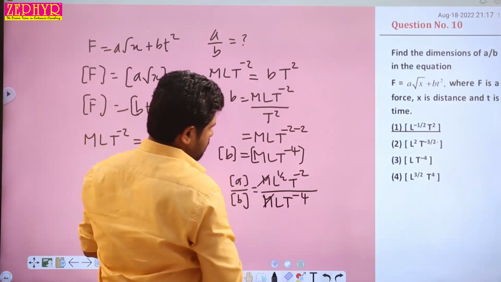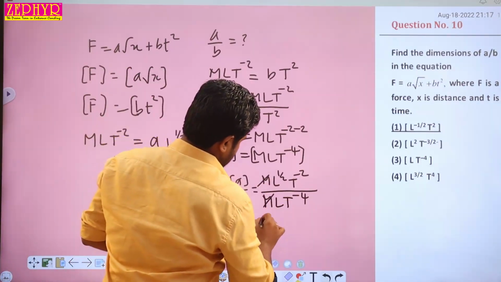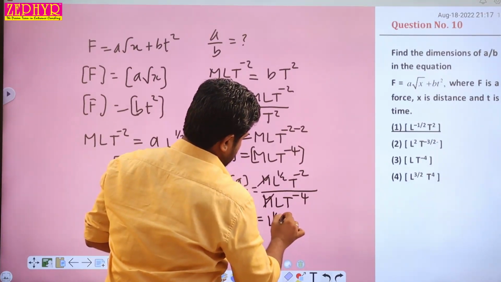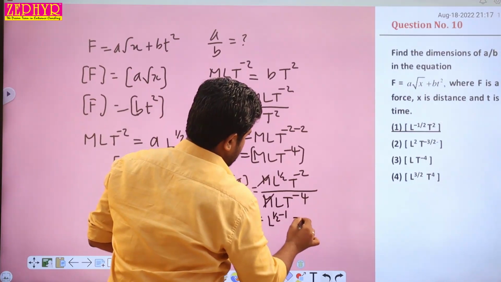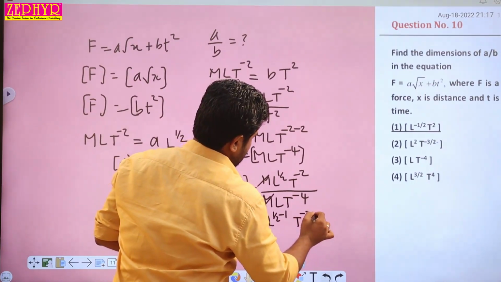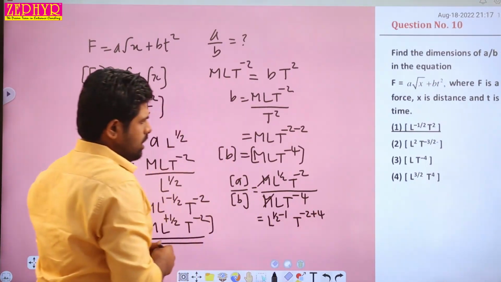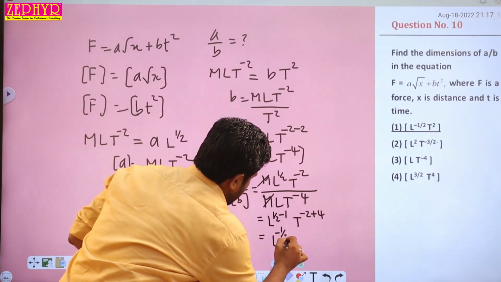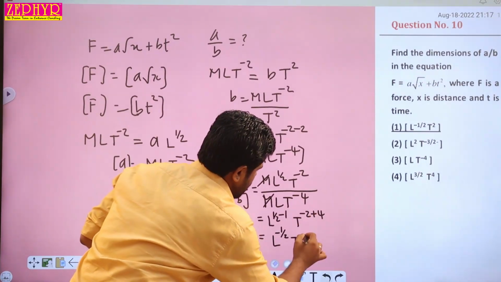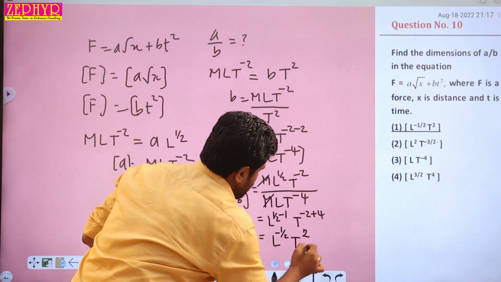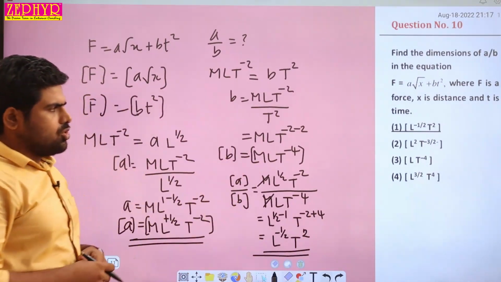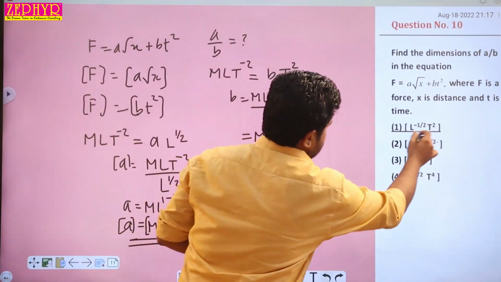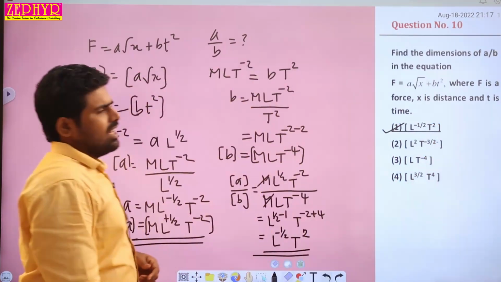So M cancelled, then L raised to 1 by 2 minus 1, T raised to minus 2 plus 4. The result is L raised to minus 1 by 2 T raised to 2, that is the correct option. So here option 1 is the correct one.